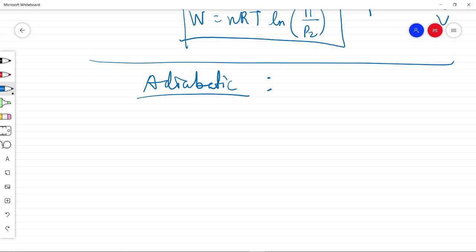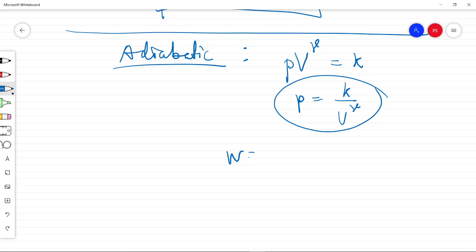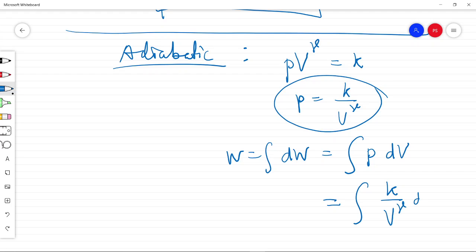For adiabatic process, we have already derived that PV raised to gamma is a constant. Let us call it as K. So P is K by V raised to gamma. This we are going to use in our discussion because work done is integral dW. This we have now become familiar with as integral P dV. So instead of P, write it as K by V raised to gamma dV.